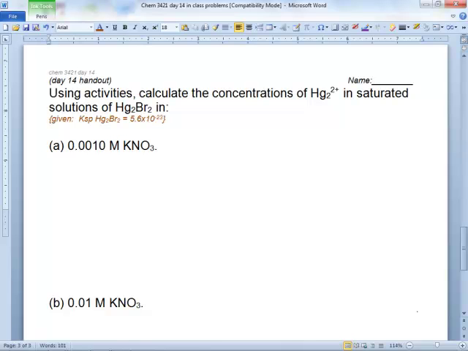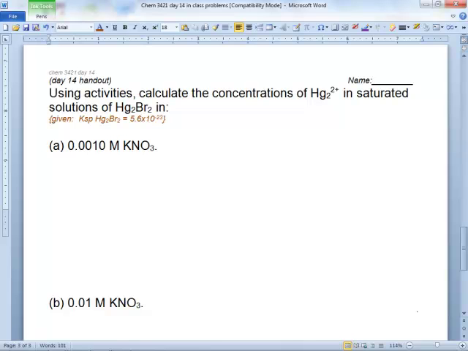All your ionic strength is going to come from the KNO3. You could calculate it, but it's going to turn out to be 0.01.